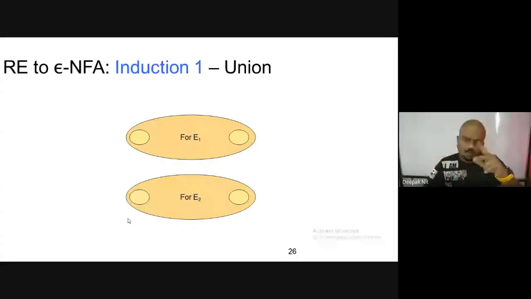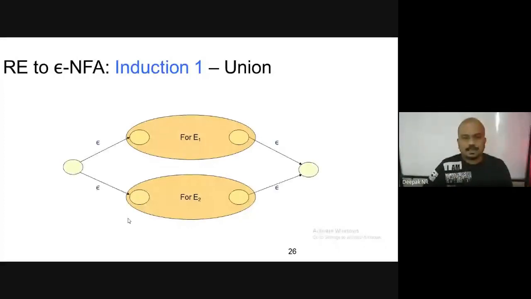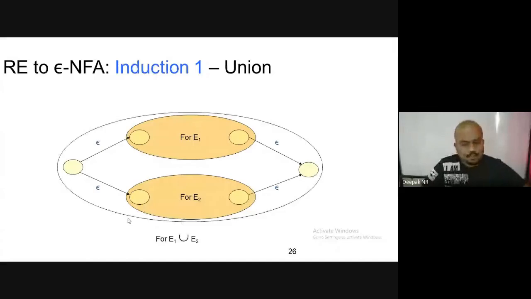These are the two expressions. When I say union, this is what we represent: I am clubbing both languages and going to the next state, and this is called the property of union. So here I write E1 union E2.